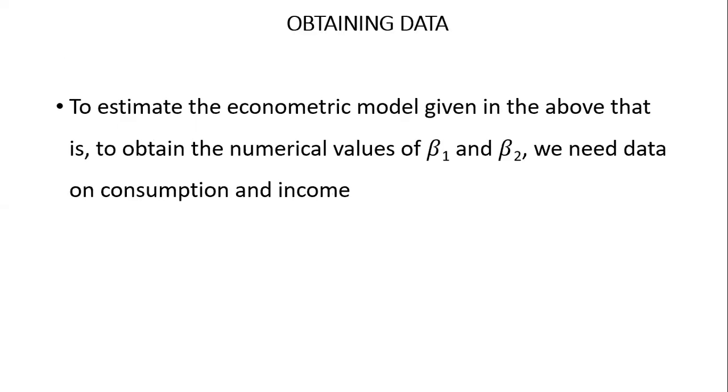The next step, which is step 4, is to obtain data. We need data in order to estimate the parameters in the specified model, the parameters beta 1 and beta 2. We need data on consumption and income in order to estimate these parameters.